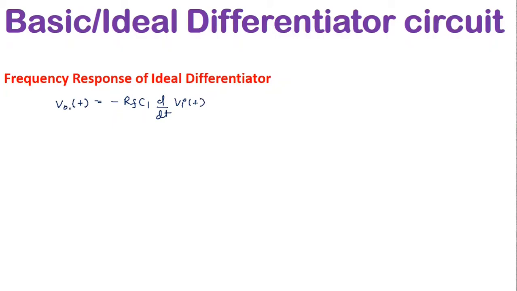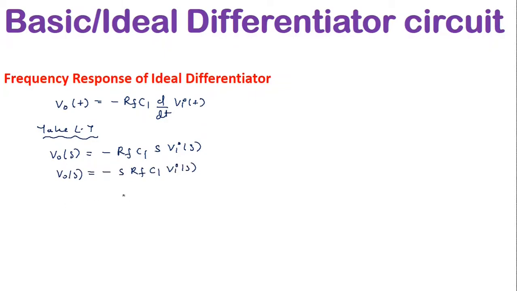To find the frequency response we take the Laplace transform of this equation. We get V0 of s equals minus RF into C1, and the Laplace transform of d by dt is s, times Vi of s.